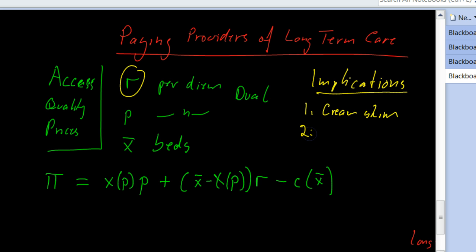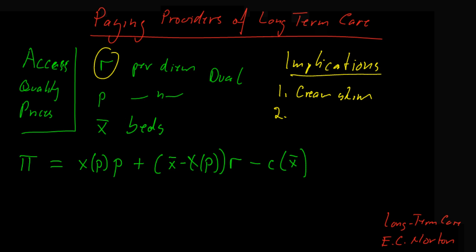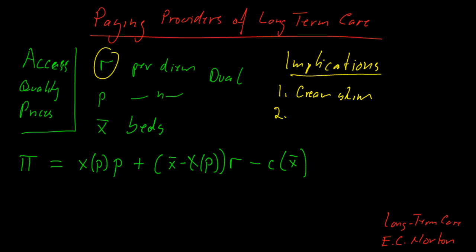Second, if you're this kind of institution, you will give places to private people who are paying, and then use the spaces you have left for Medicare.